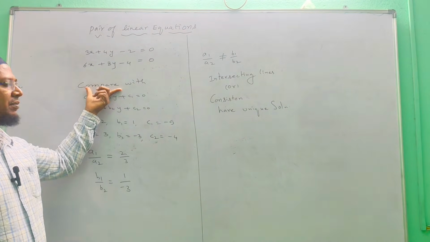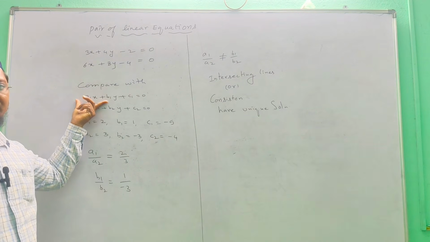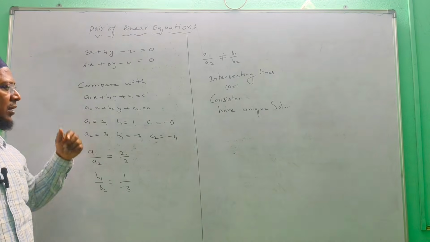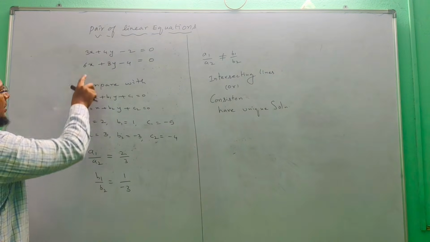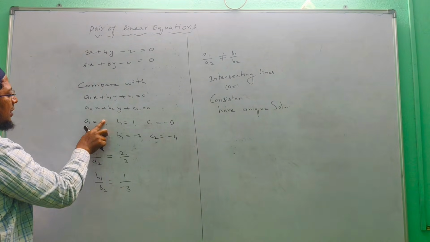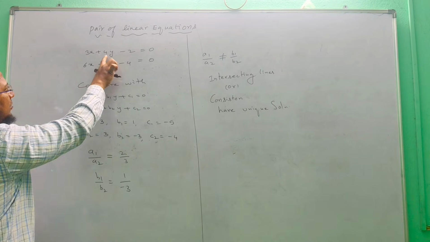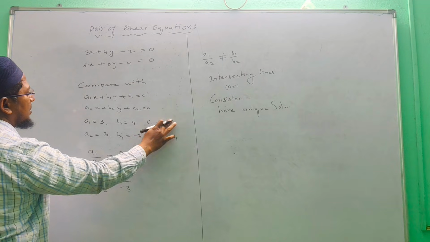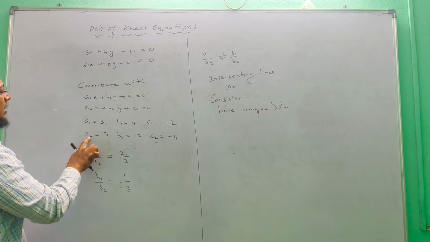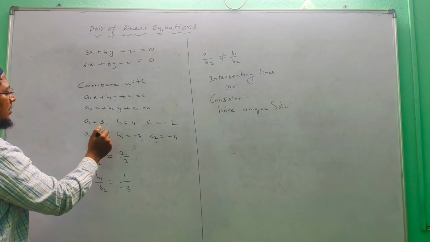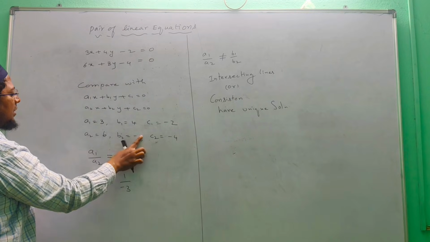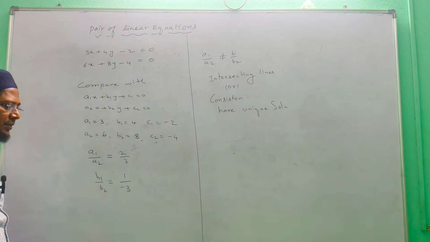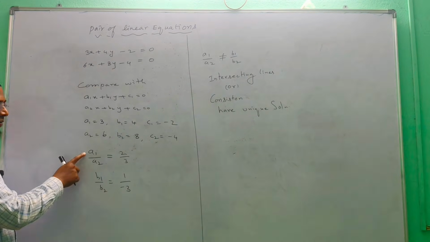Same, compare with a1x plus b1y plus c1 equal to 0, a2x plus b2y plus c2 equal to 0. Now pick up the value of a1. What is the value of a1 here? 3. What is the value of b1? 4. What is the value of c1? Minus 2. What is the value of a2 here? 6. What is the value of b2 here? 8. What is the value of c2 here? Minus 4. Correct.